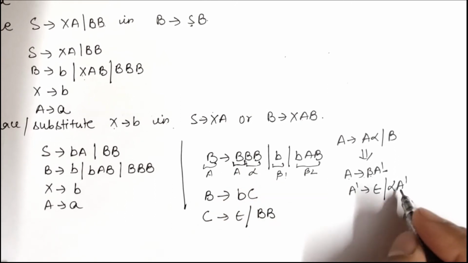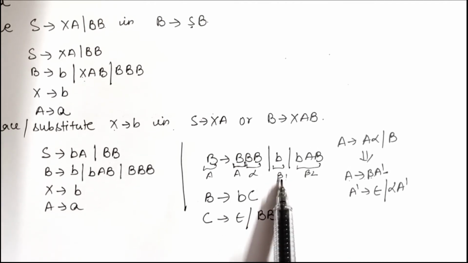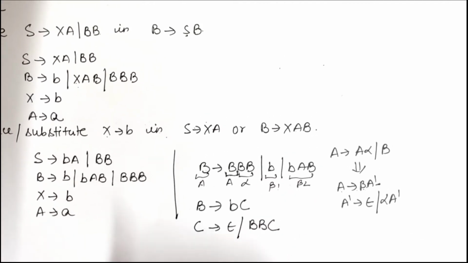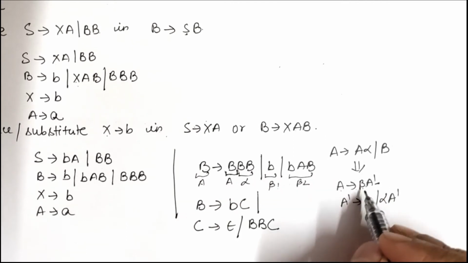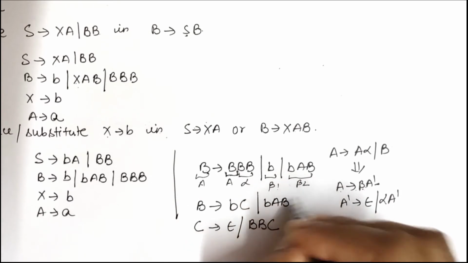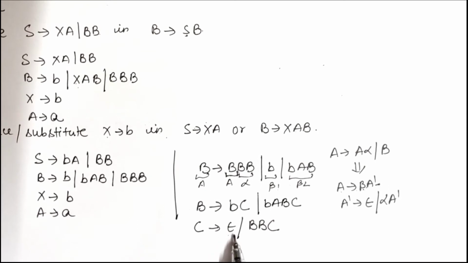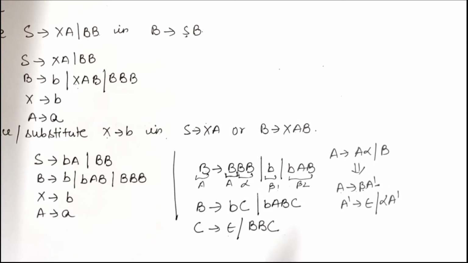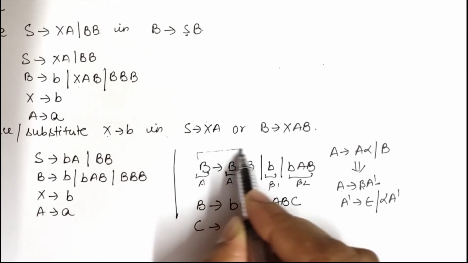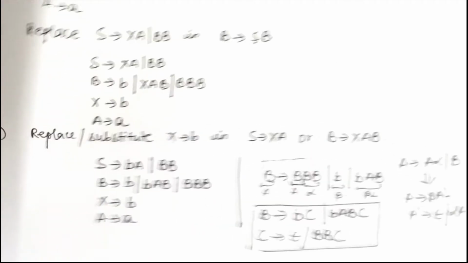Capital B, and this A dash is C. So this is for the beta 1 production. For beta 2, first we write beta, that is BAB, then A dash, this is C. So again C can be epsilon or BBC. This means that while eliminating this left recursion, we find these two productions after eliminating the left recursion property.